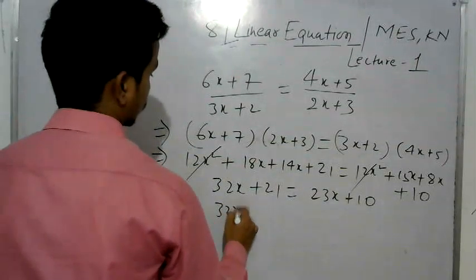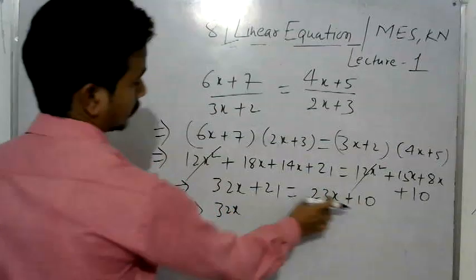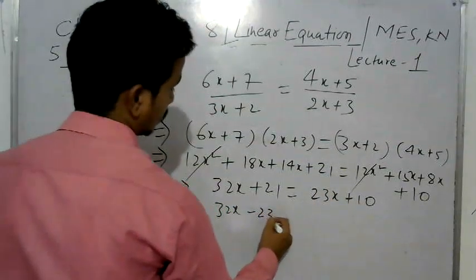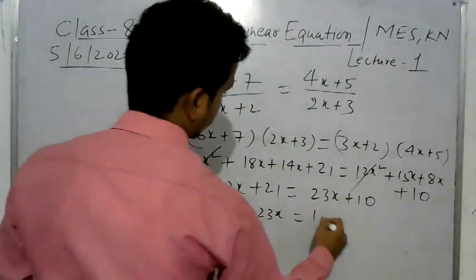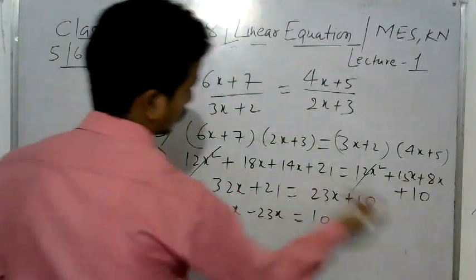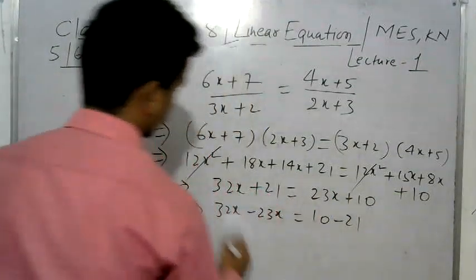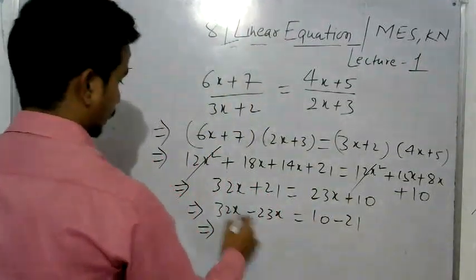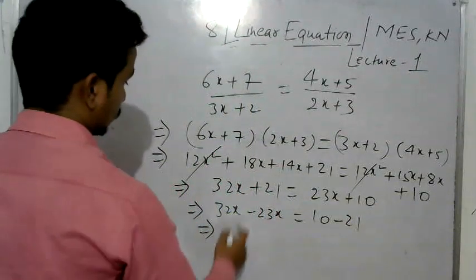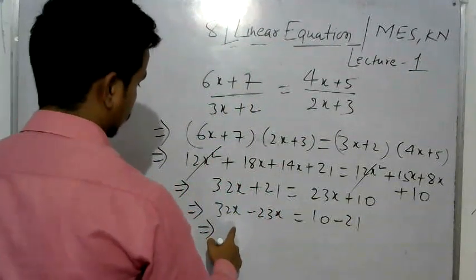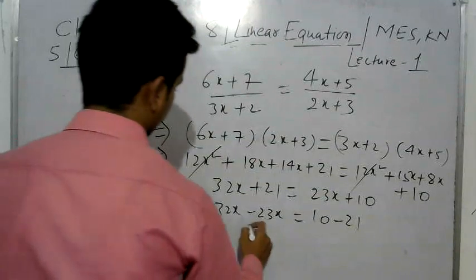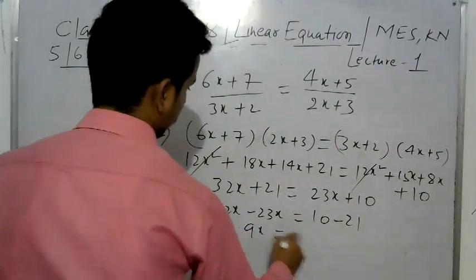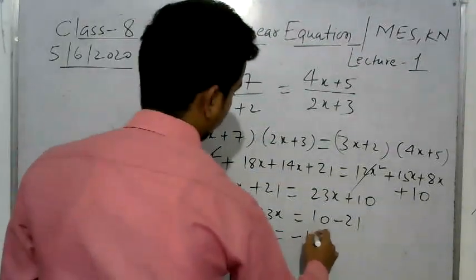Now 32x, when 23x comes to this side, it will become minus 23x, and 10, when it goes to that side, with 21, it will become minus 21. When you subtract, you will get 9x equals minus 11.